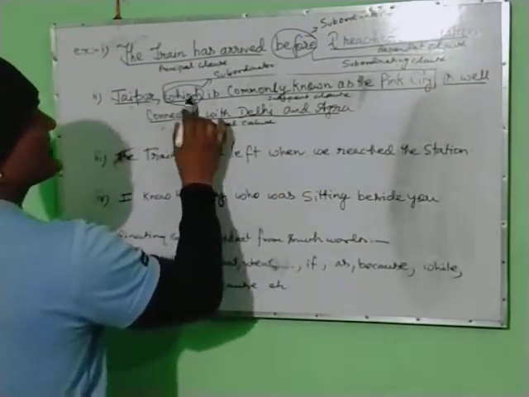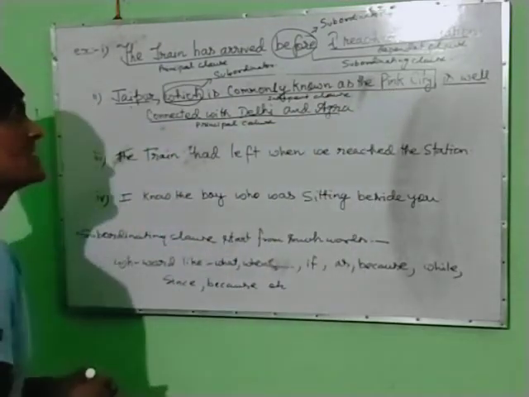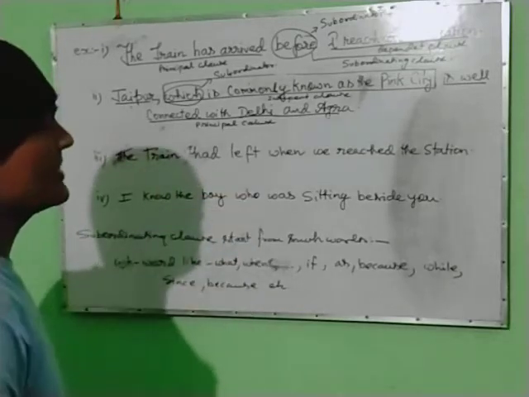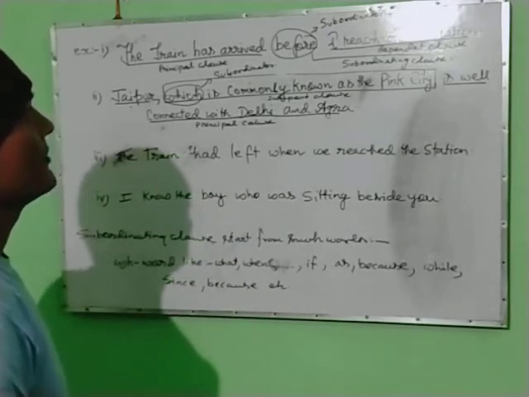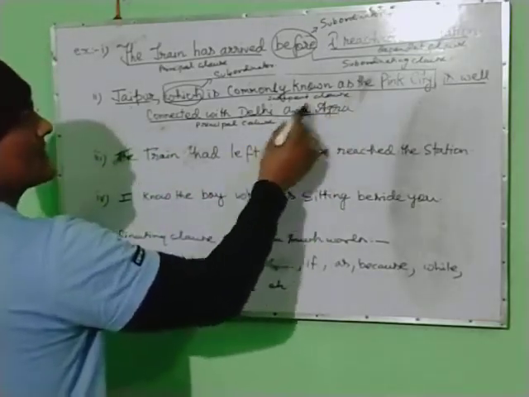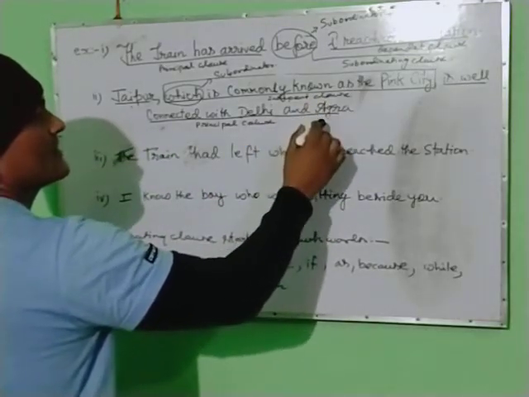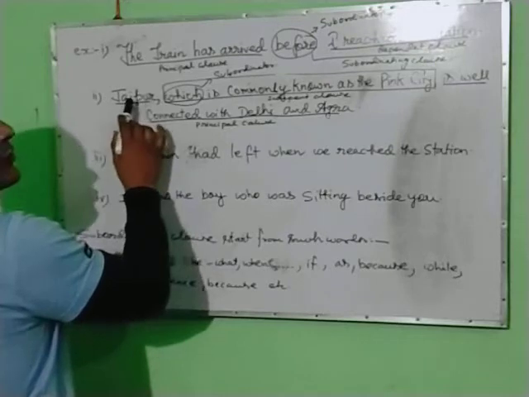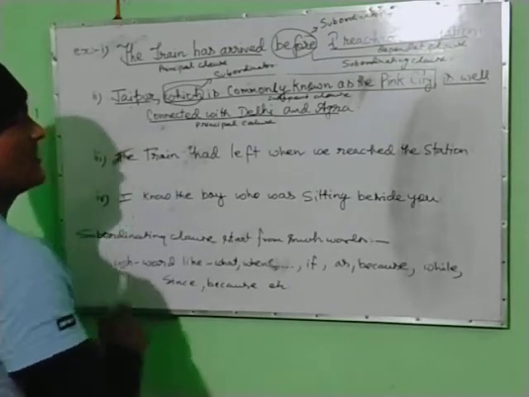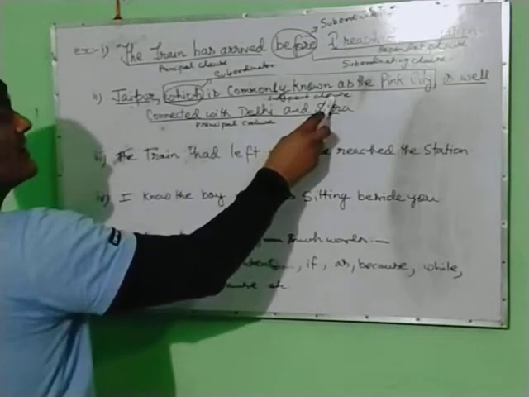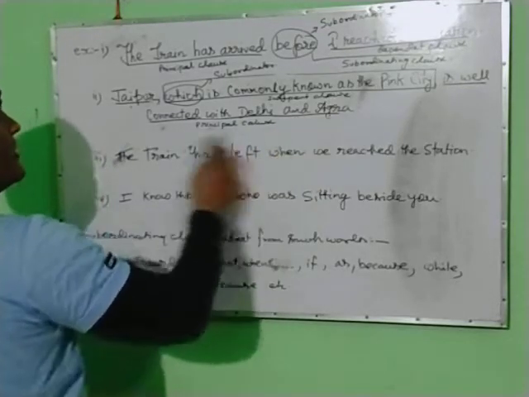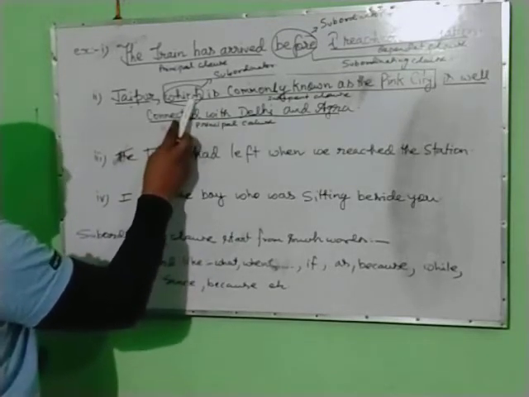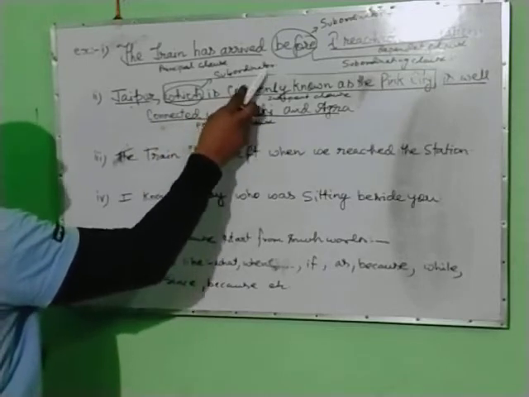If we read it like this, "which is commonly known as the Pink City", which is commonly known as the Pink City, what do we learn? It conveys an incomplete sense. So what is known? That is Jaipur. Jaipur is commonly known as the Pink City. So this is a dependent clause that depends on the main clause. Here these two sentences are connected by the word "which", so it is called a subordinator.